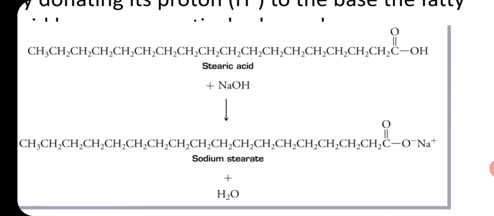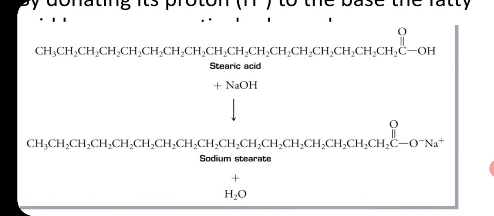One proton is removed from here, one OH is removed from here, and it releases a water molecule. You can see this water molecule here below it.